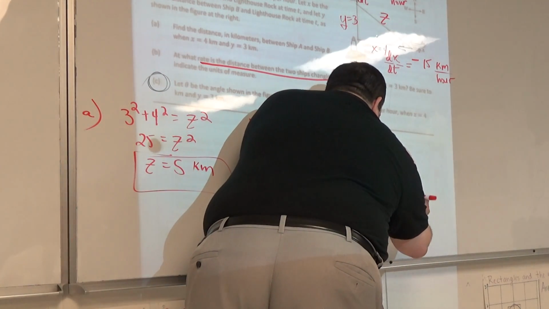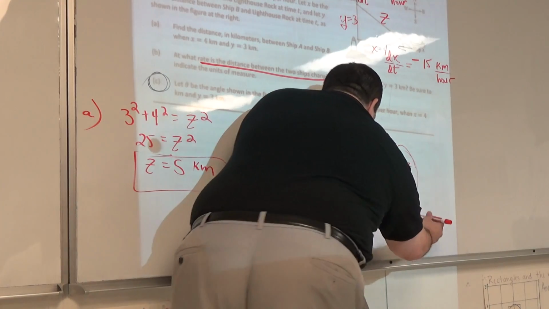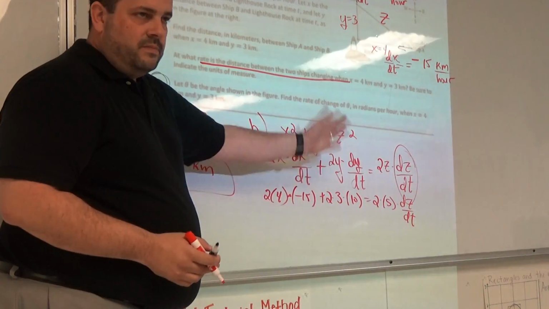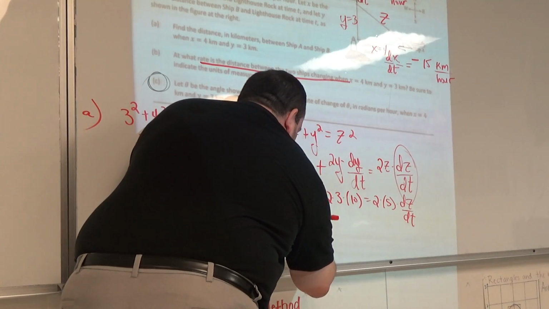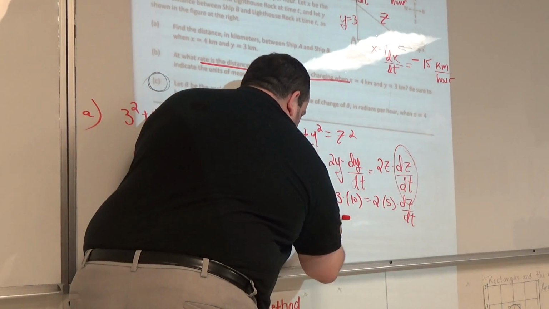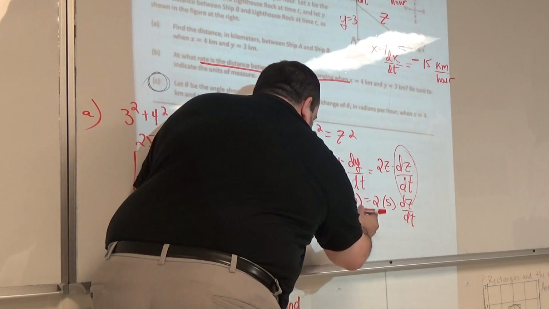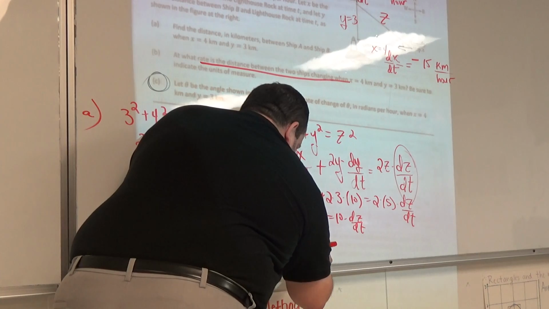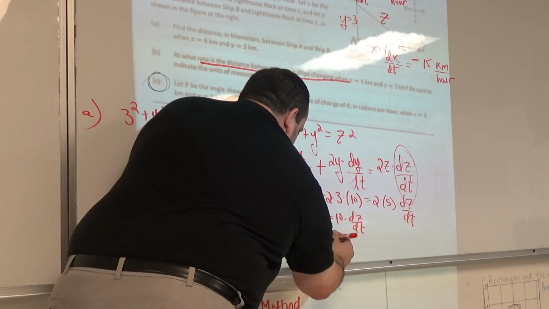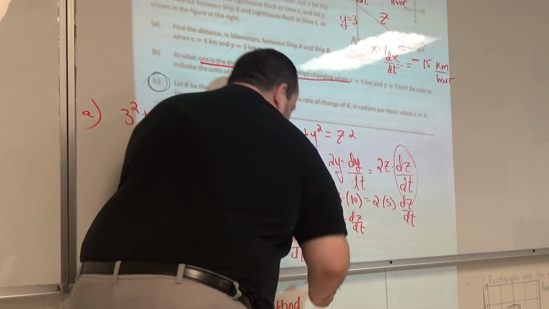So 2 times 5 times dz/dt, and just finish it off. 2 times 4 is 8, times negative 15, that's negative 120. 2 times 3 times 10, I got 60. Equals 10 dz/dt. So dz/dt is negative 6?